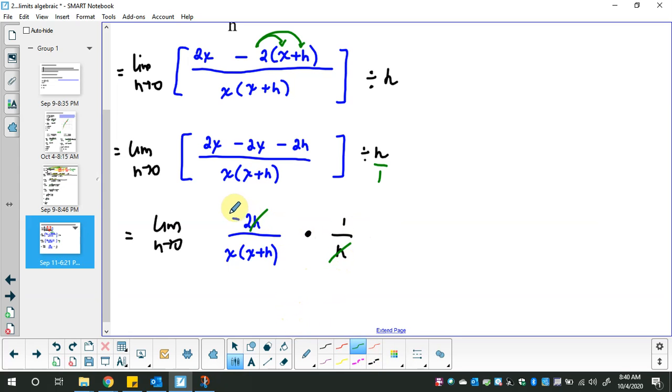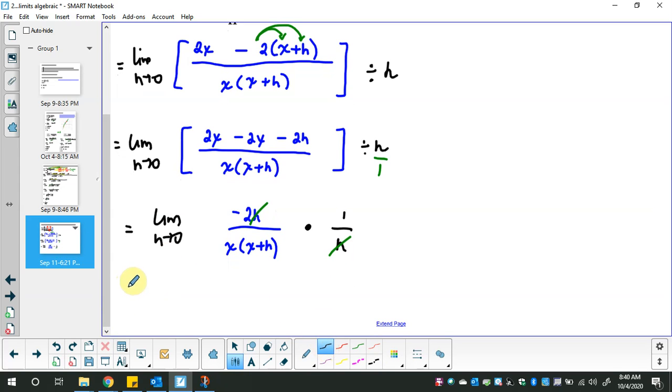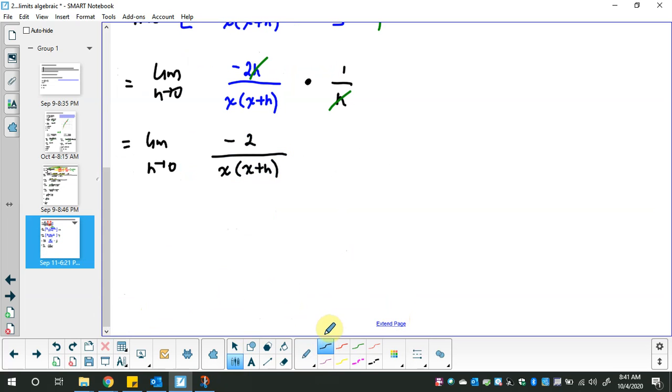Get them out of there. It's all multiplying, so you can't cross out this one. You have to cross out the one that's all by itself or one that's only being multiplied and not added and subtracted. So annoyingly enough, I'm going to have a line of neatness. Some of you will not need it because you are neater than me. I need it because this is going online. I'm going to be an internet sensation.